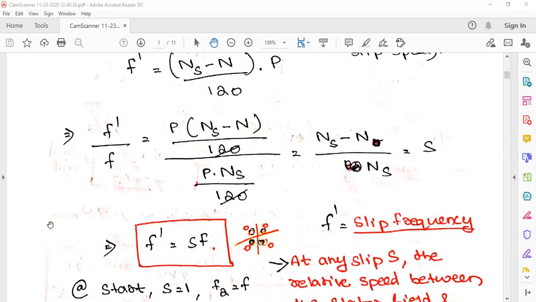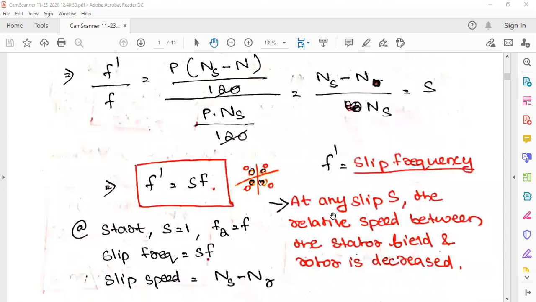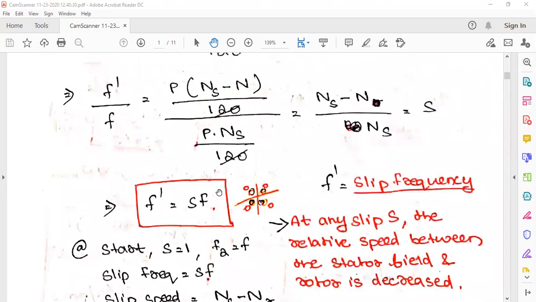We call f dash the slip frequency. That's what we are seeing here, the frequency of the rotor current. So f dash is equal to s f. This derivation is very important. So we can say that at any slip s, the relative speed between the stator field and the rotor is decreased, right?